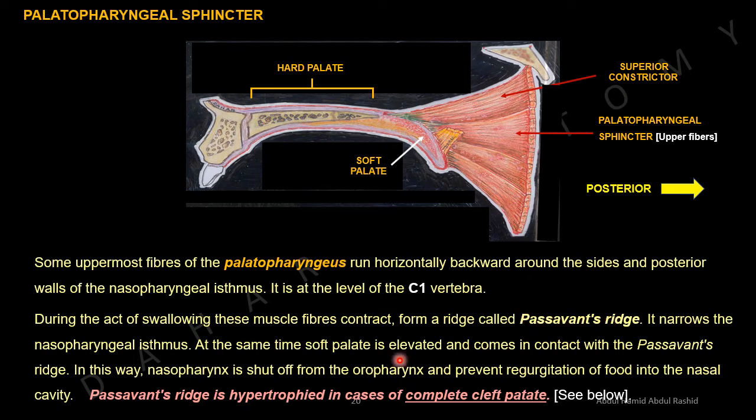It narrows the nasopharyngeal isthmus. At the time, the soft palate is elevated and comes in contact with Passavant's ridge. In this way, the nasopharynx is shut off from the oropharynx and prevents regurgitation of food into the nasal cavity. Passavant's ridge is hypertrophied in cases of complete cleft palate. See below.